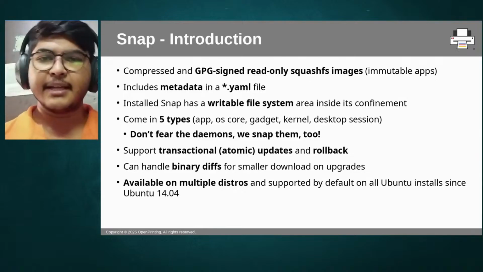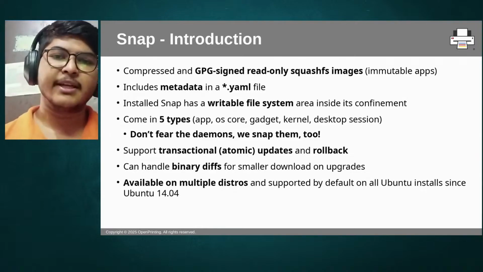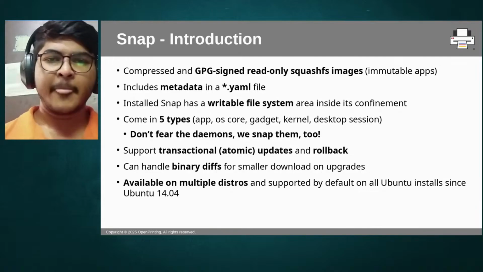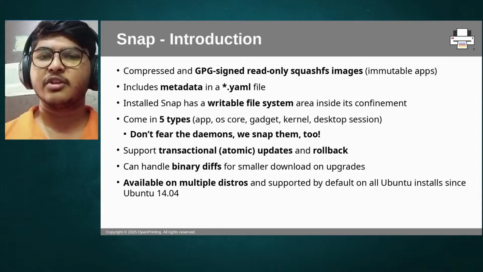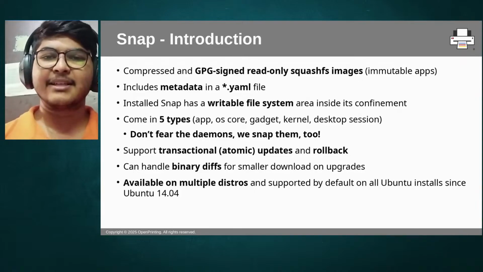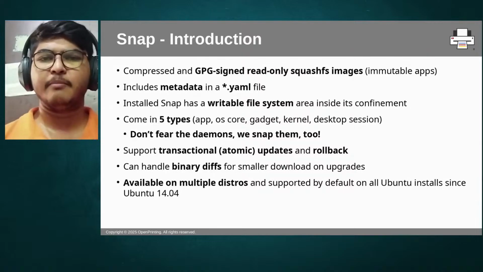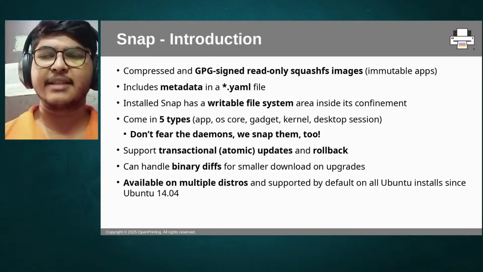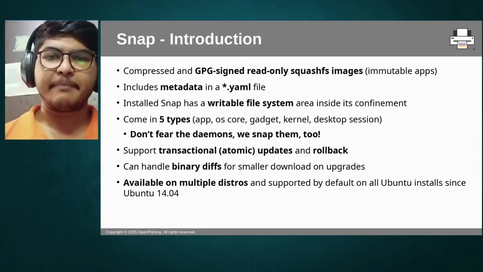So you update it and you see that, okay, this thing is not working in this version. You can easily roll back to your previous revision of the Firefox snap, and get the app just like it was before the update. One of the best features about Snap.